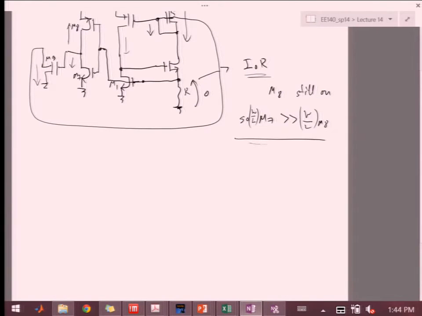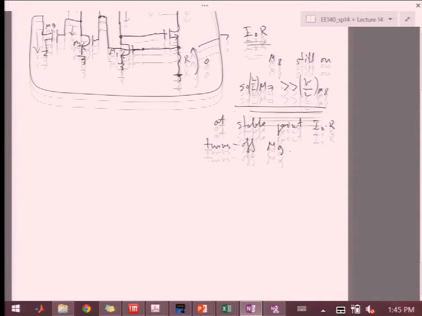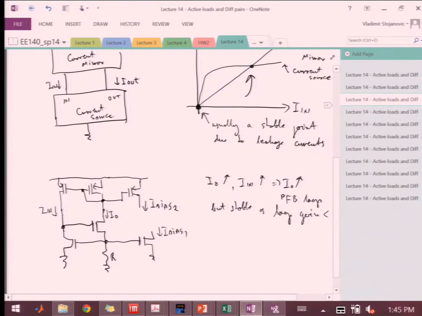Okay, so with this ratioing at the stable point, M9 is turned off, and then this node is let go to basically be established with whatever the value was for this particular thing.